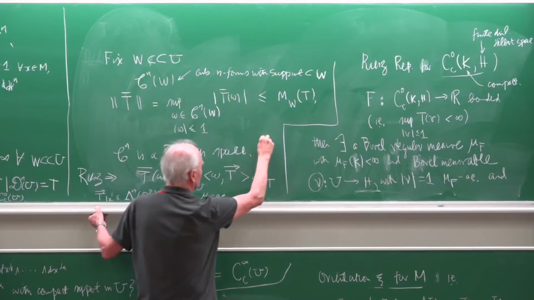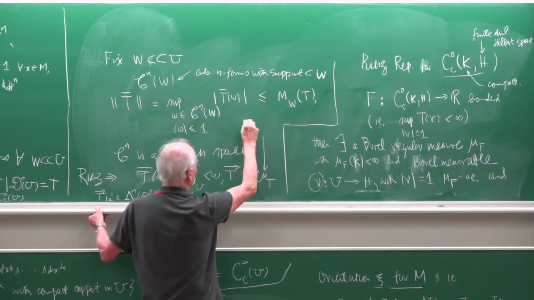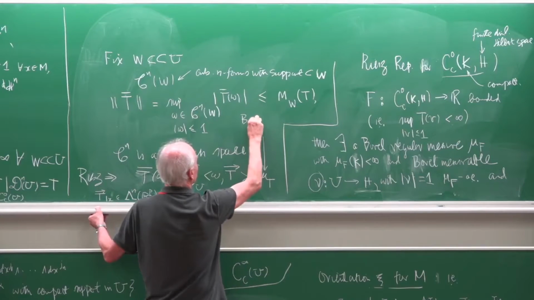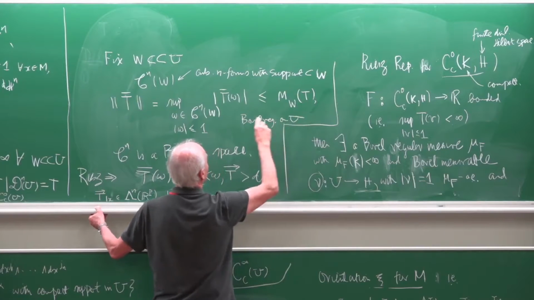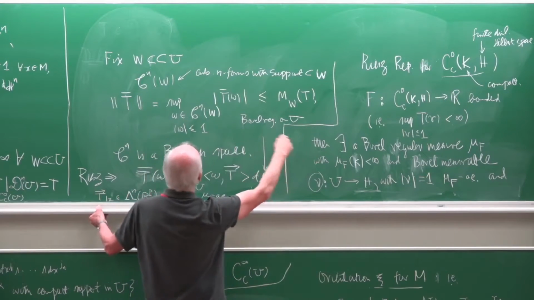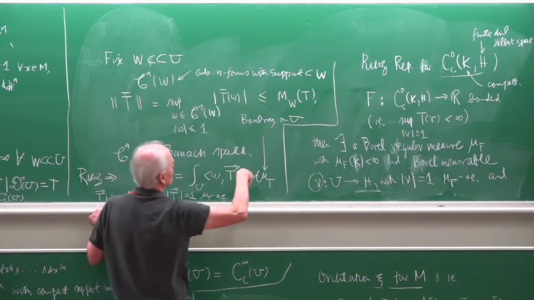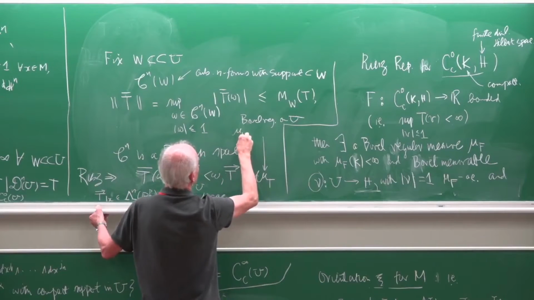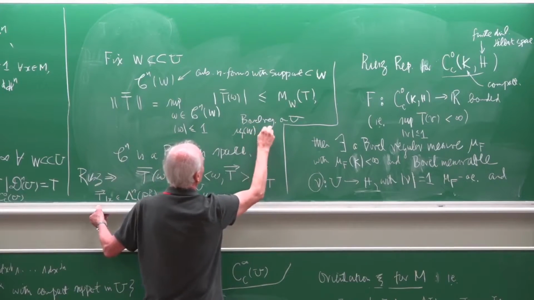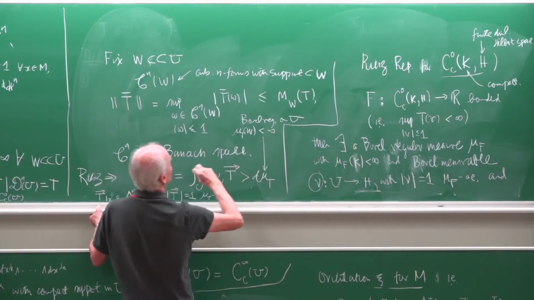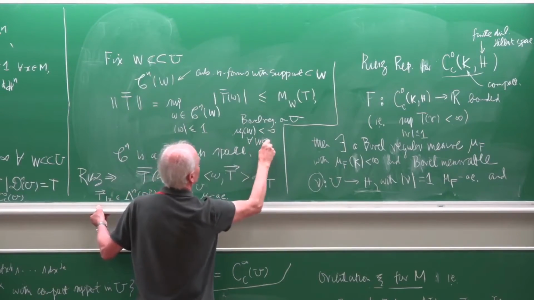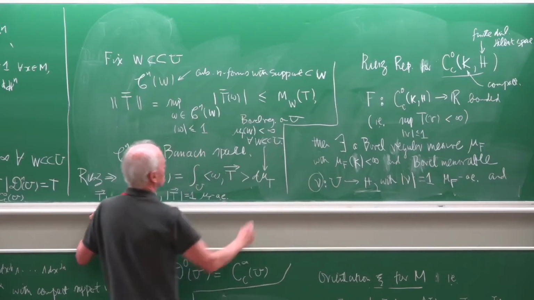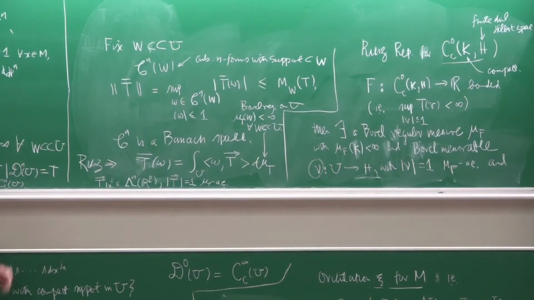And mu T is a Borel regular measure on U, which is finite. We're applying this Riesz theorem on each one of these W's. So mu T of W is finite for every W containing U. So that's really nice.